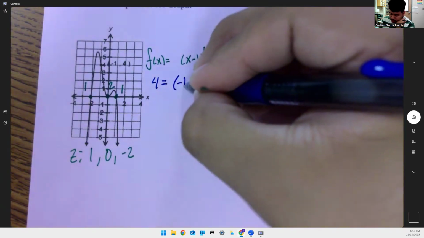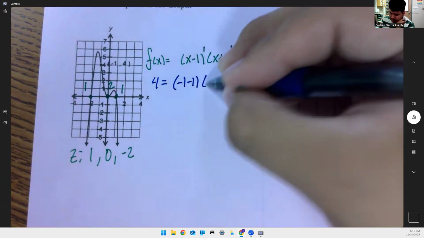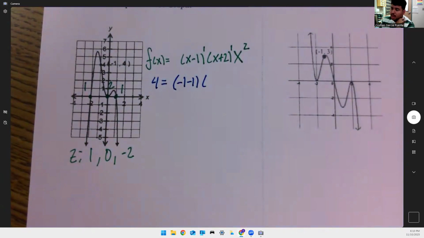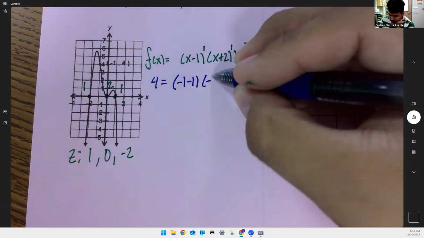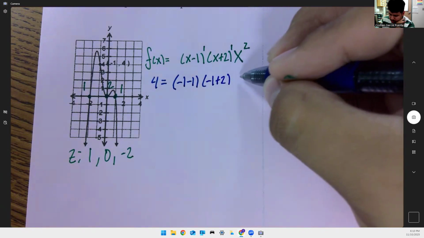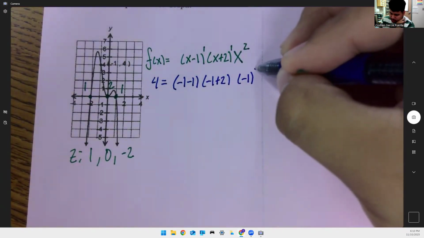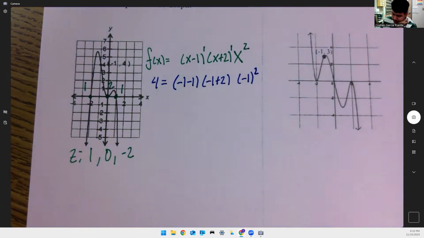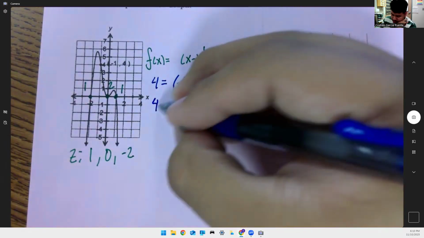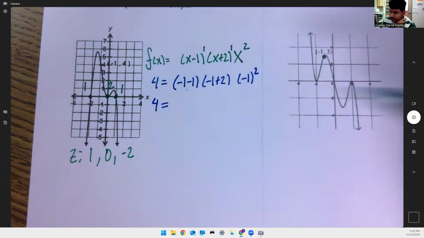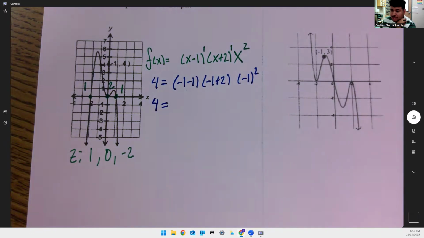So -1 minus 1. And we have an x, so what are we replacing it with? -1, so -1 plus 2. And then you have an x, so we're putting a -1. All right, so over here, the 4 is always going to stay as a 4. But now over here, you have parentheses -1 minus 1. So what's -1 minus 1?